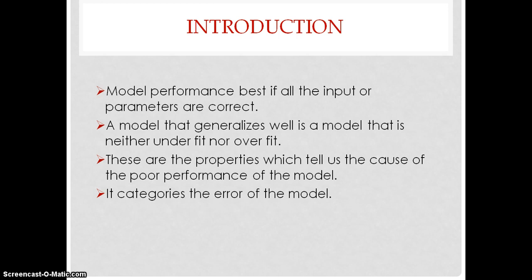So the model that generalizes well is a model that is neither underfit nor overfit, which categorizes the output in an efficient way. These are the properties which tell us the cause of the poor performance of the model, and it categorizes the error of the model. So these two things will tell us the type of error, and it will categorize the performance of a model.